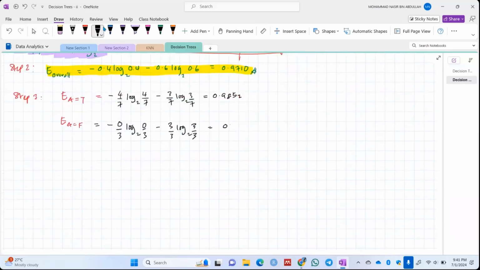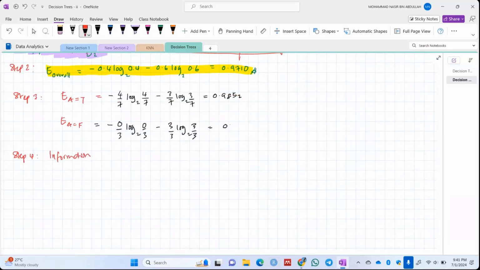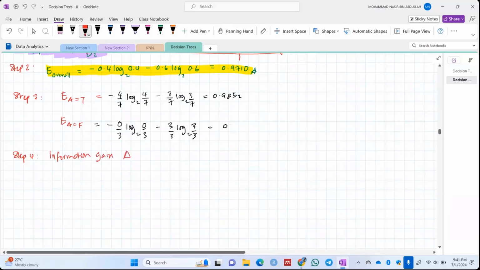Next step, step number 4. So we need to calculate information gain for A. So information gain is equal to entropy overall minus summation of proportion times entropy of A_i.